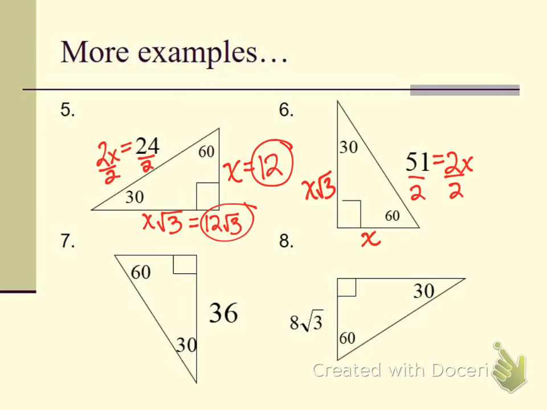Yeah. 51 over 2 does not simplify, so that means x equals 51 over 2. When we go to plug that into x to find our last side, it becomes 51 radical 3 all over 2. So the radical 3 goes in the numerator, the 2 stays in the denominator.